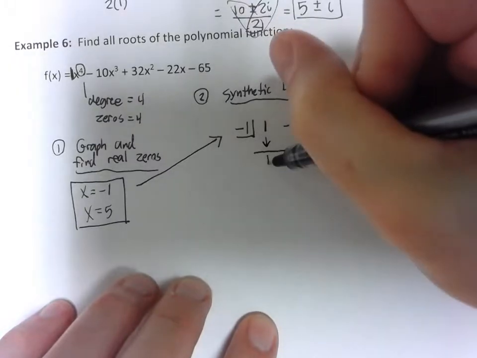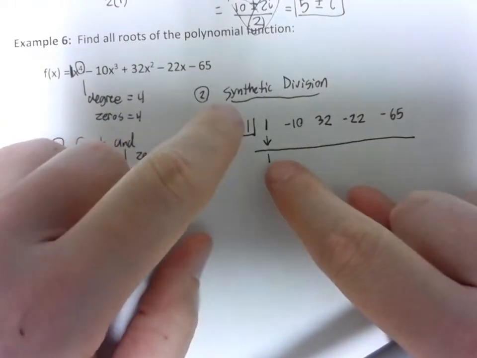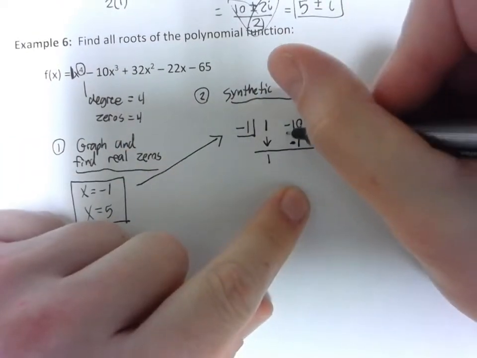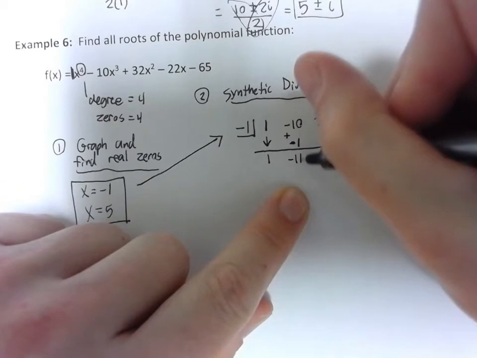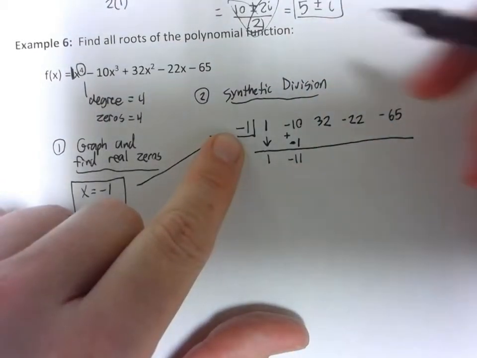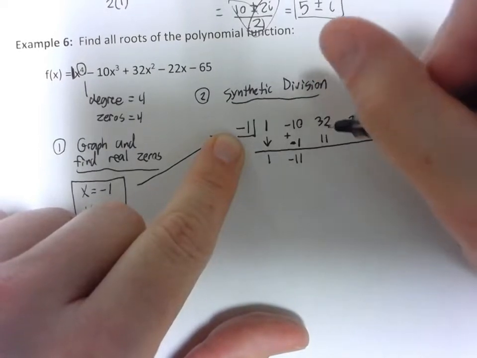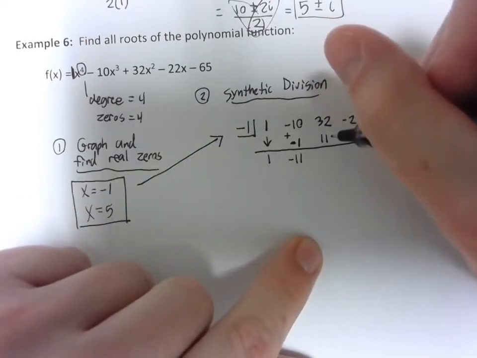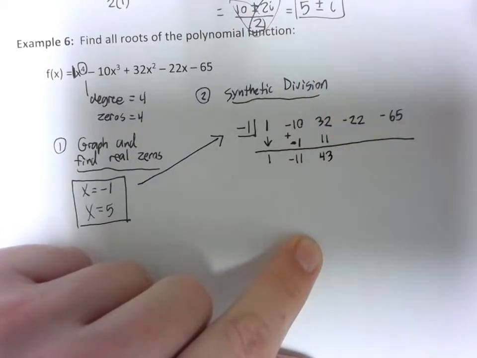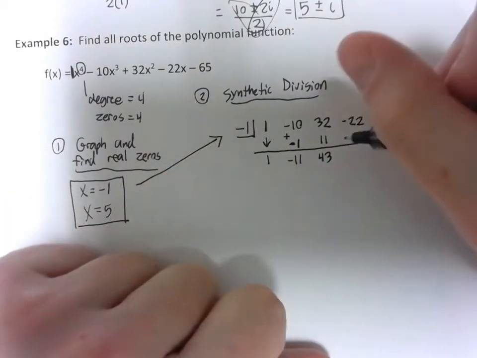Bring down the 1, and let's go through that process of synthetic division. 1 times -1 is -1. -10 plus -1 is -11. -11 times -1 is positive 11. 32 plus 11 is 43. 43 times -1 is -43.